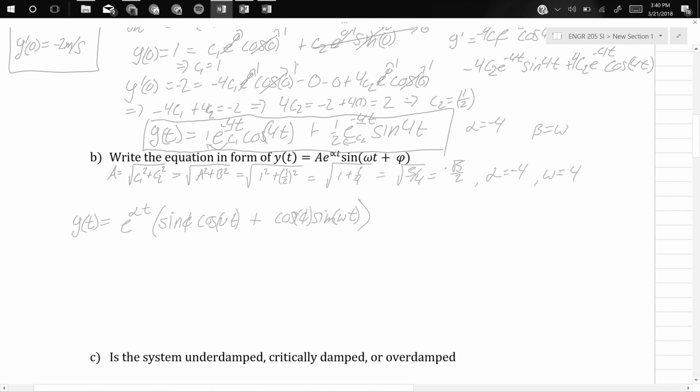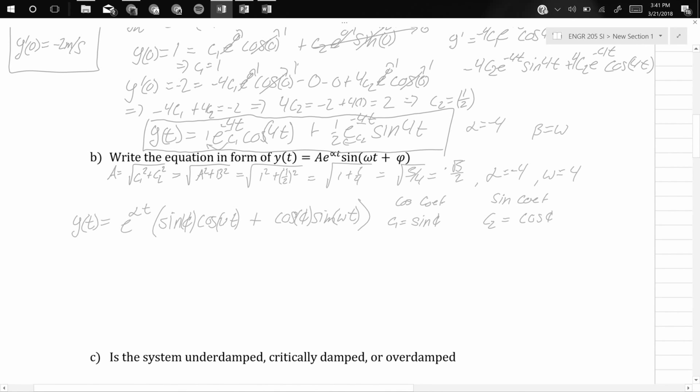Pretty much what this means is that C1, the term for your cosine coefficient, equals sine phi, and our sine coefficient, which is our C2, equals cosine phi.